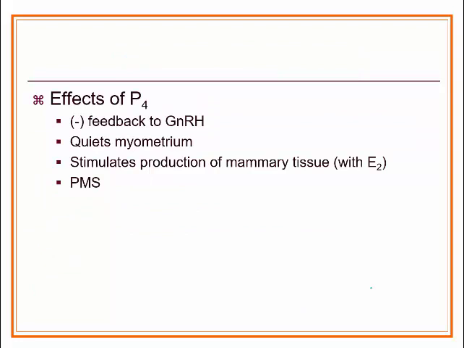Now, what is progesterone doing while it is being secreted from the corpus luteum? The progesterone is a negative feedback to the hypothalamus and stops gonadotropin-releasing hormone, but it also travels by blood to the uterus, and it does what's called quieting the myometrium, meaning that it is inhibiting contractions. And it will do that as long as progesterone is in the bloodstream.